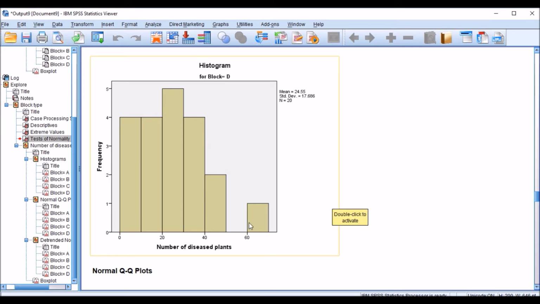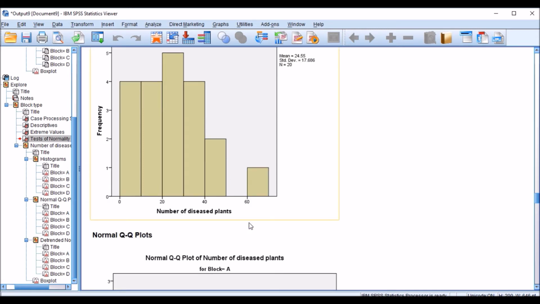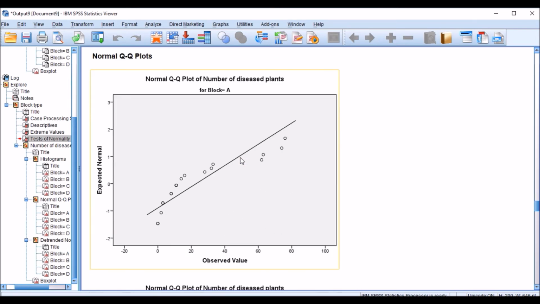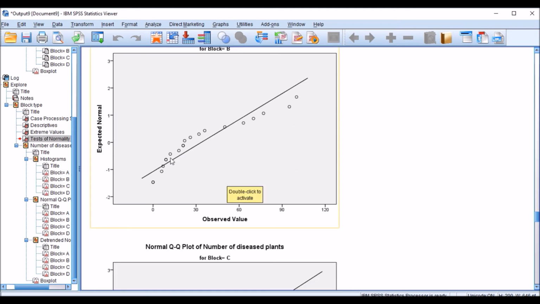This can be understood using the QQ plot also. In the QQ plot, if you see block A, this is the observed value, the straight line is the expected value. They are not in synchronization. If you see B, synchronization is not there.